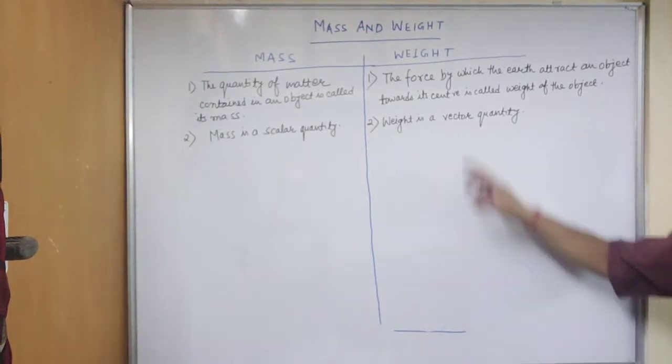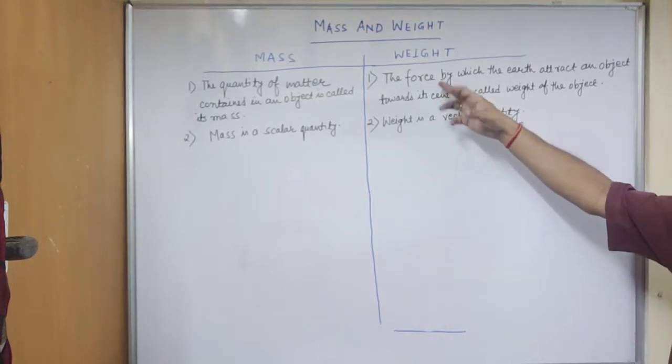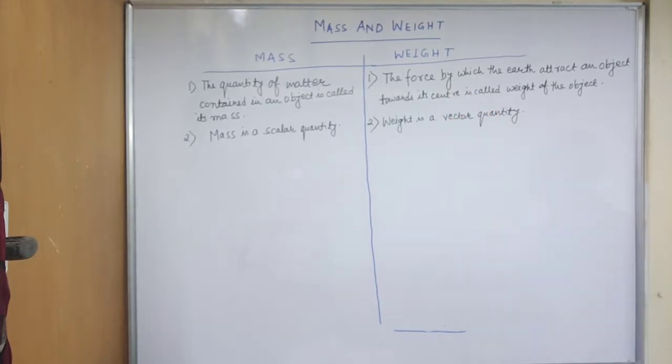Because we have written weight is a force, a type of force, that's why we are writing that weight is a vector quantity.